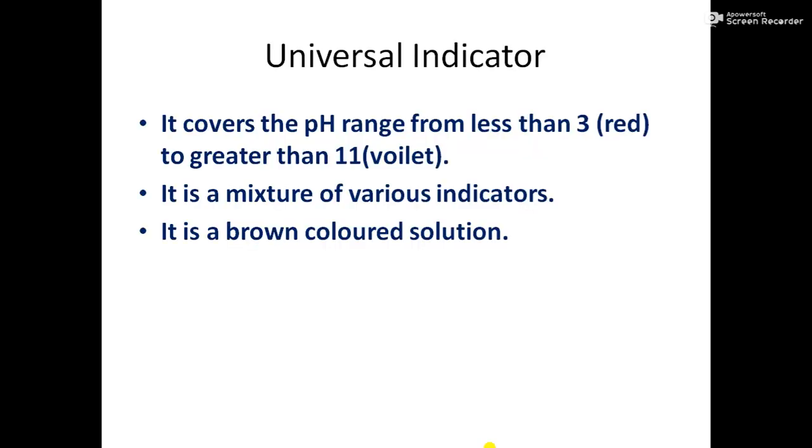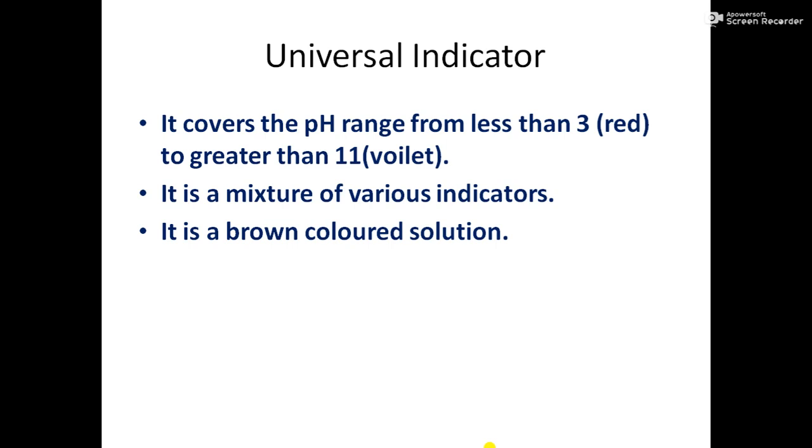And see, students, one more thing. Earlier we had learned about organic indicators, and about man-made indicators. So there is one more indicator, which is the universal indicator. So what is a universal indicator? Universal indicator is a solution in which various types of other indicators are mixed together.